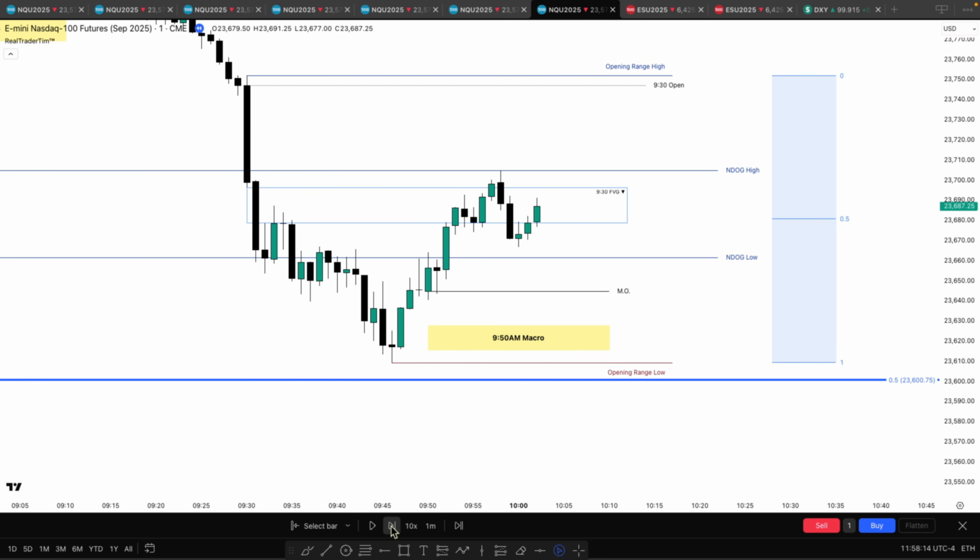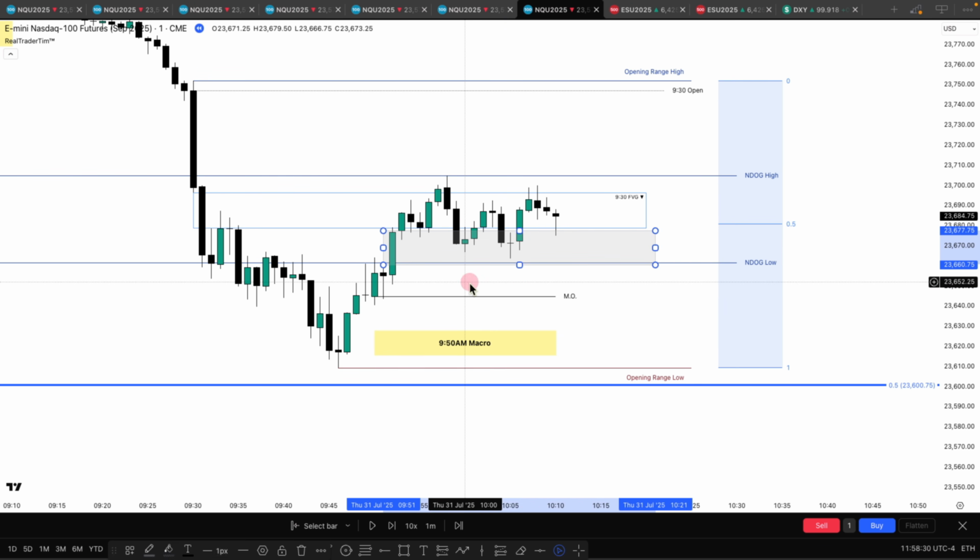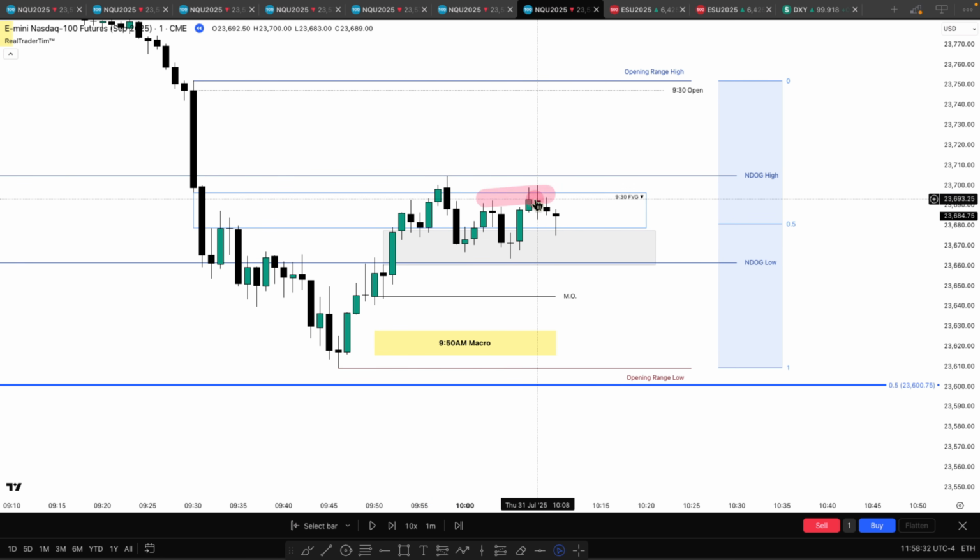Okay, we do see a slight retracement here. Run this high once more. And then ultimately, what do you guys notice here as well? We have this BISI that sent price higher to sweep liquidity.